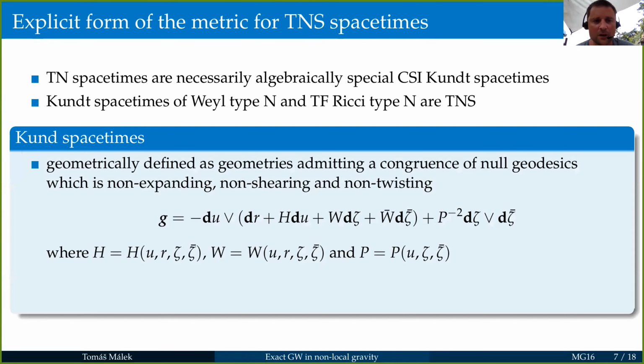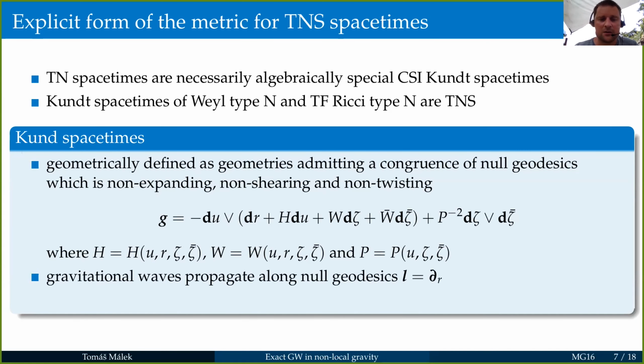So Kundt spacetimes are defined geometrically as metrics which admit a congruence of null geodesics with non-expanding, non-shearing, and non-twisting behavior, and the metric in general can be written in this form, where the function h is real, w is a complex function, and p is a real function.